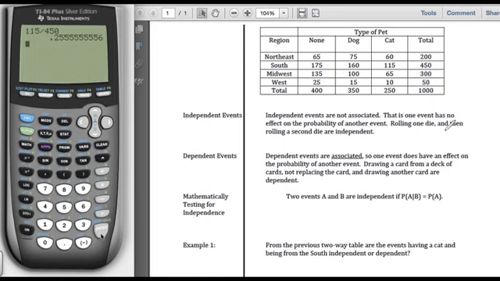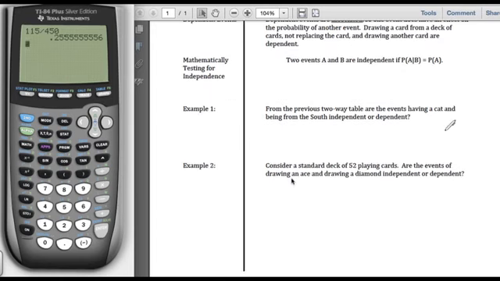Another example not related to this two-way table. It says, consider a standard deck of 52 playing cards. Are the events of drawing an ace, event A, and drawing a diamond, event B, independent or dependent?